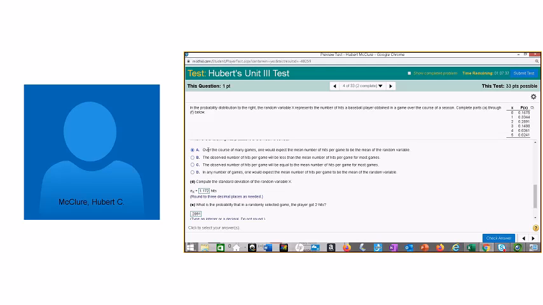So I guess you have to be a Philadelphia lawyer to understand the difference between over the course of many games and in any number of games. The only thing I would say as a probability instructor is any would not be a good, that's like forever. So that's the only reason I could see picking A over D.